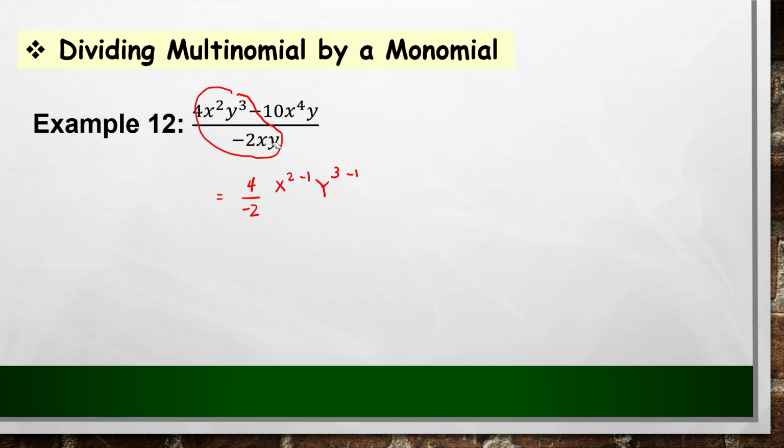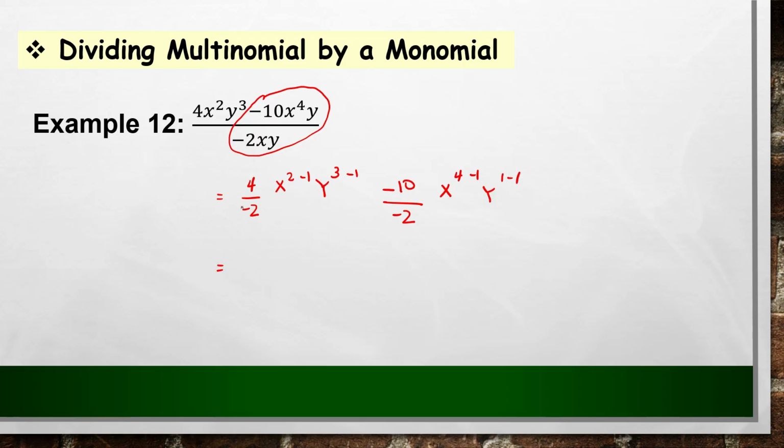And then after that, we need to consider this. That'd be minus 10 over negative 2, so x raised to 4 minus 1, and then y raised to 1 minus 1.